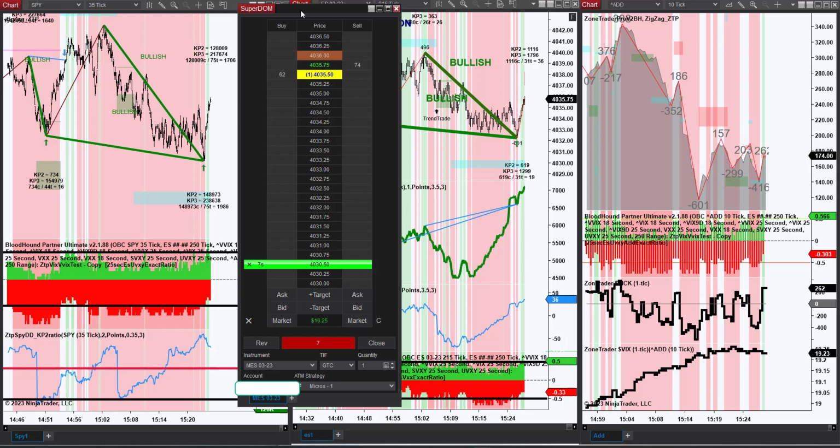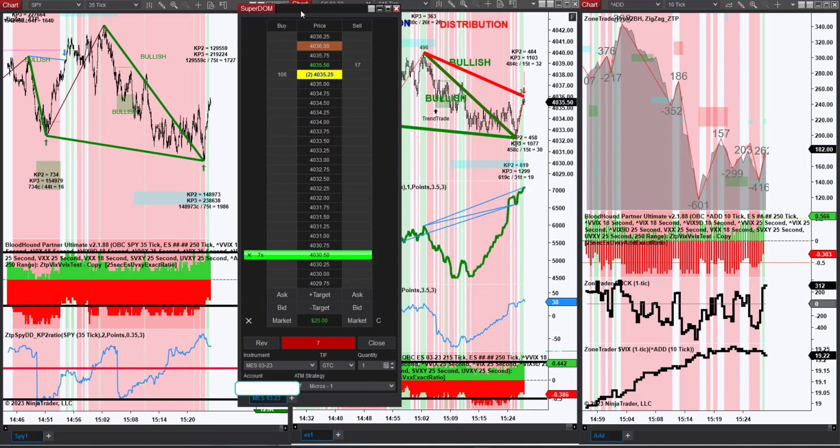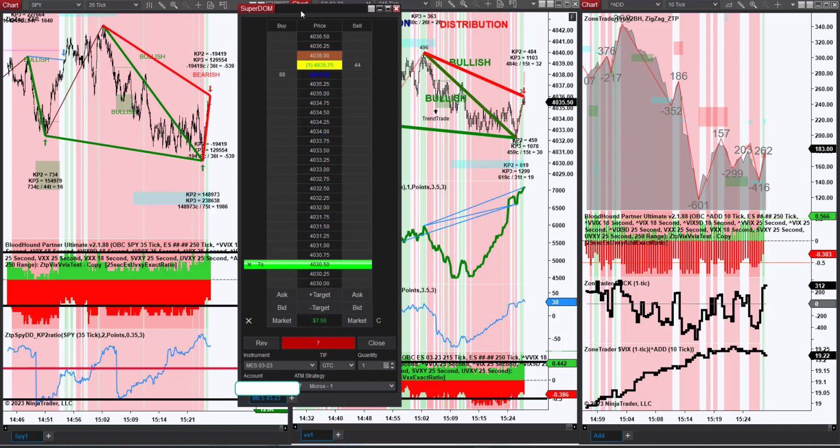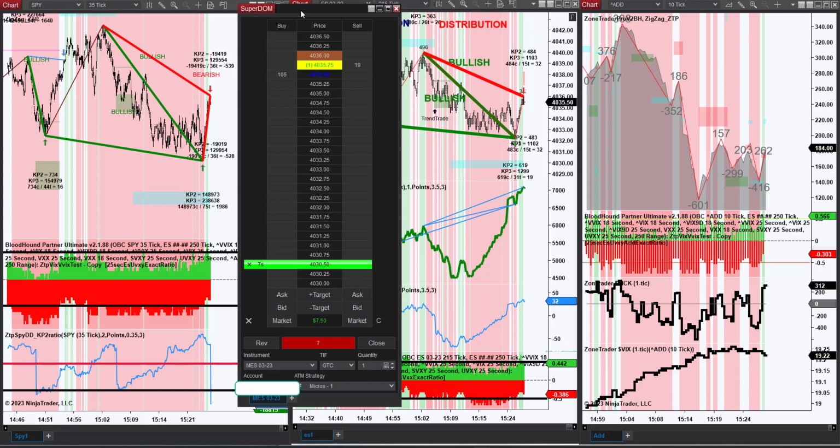And basically we now have the VIX going green on both charts with distribution divergence on both charts and special divergence on the SPY chart.